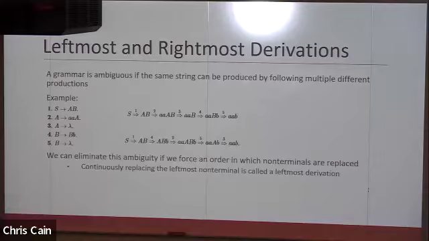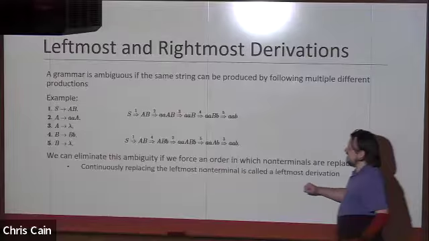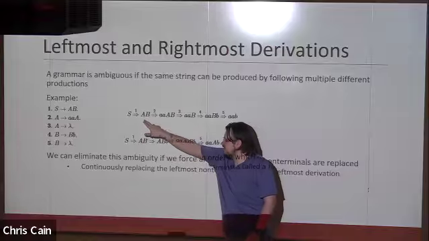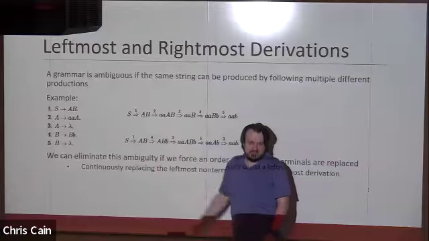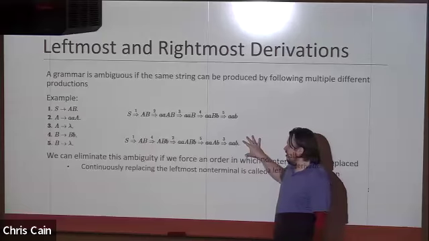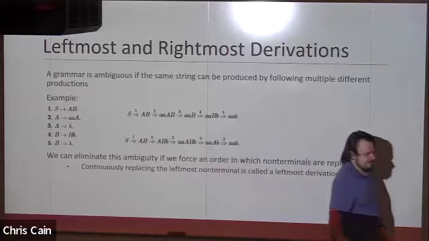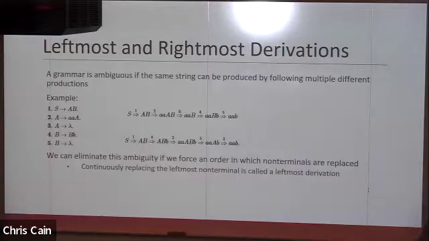If we move from left to right, saying whatever non-terminal is leftmost, we always do that first, we call that a leftmost derivation. So here, when we have AB, where we have ambiguity between do we replace the A with something or the B with something, a leftmost derivation will always say replace the leftmost symbol first. So determine what happens to the A before you determine what happens to the B.